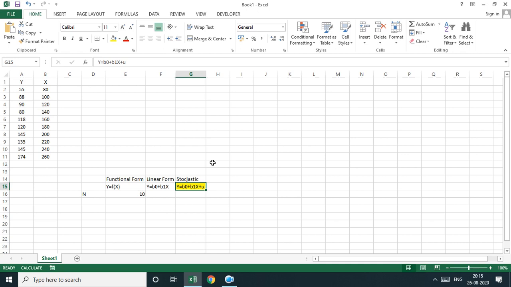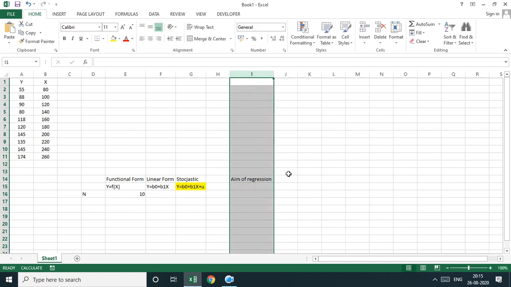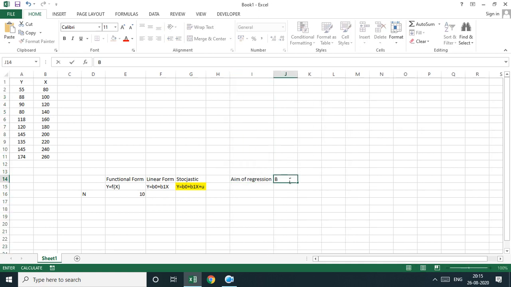So in regression, what's our aim? The aim of the regression is to find out the values for beta 0 and beta 1. Look at the parameters I have written, capital beta 0 and capital beta 1. Why am I using capital beta?